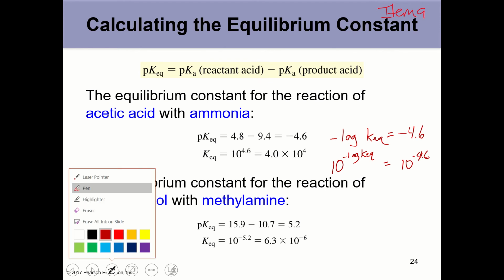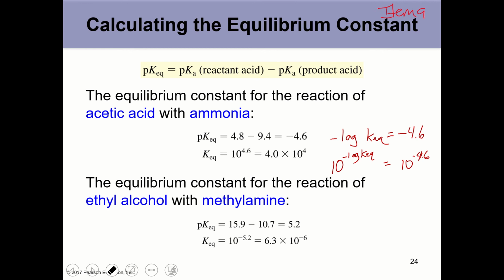Actually, we should transfer the negative sign to the other side before we raise it to the power of 10. So I will just erase that. If I transfer the negative sign from log Keq to the other side, I have negative 4.6 divided by negative 1, which gives me a positive 4.6.